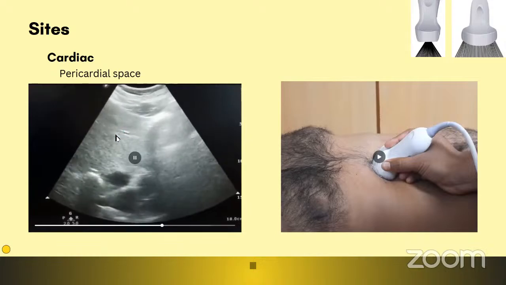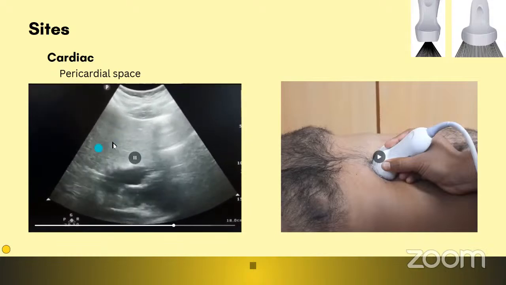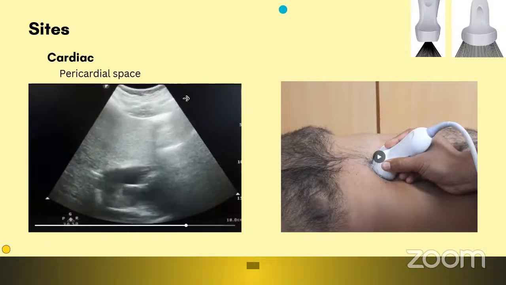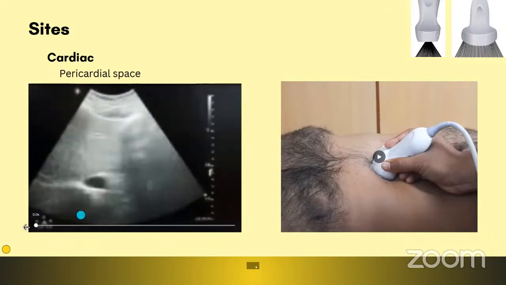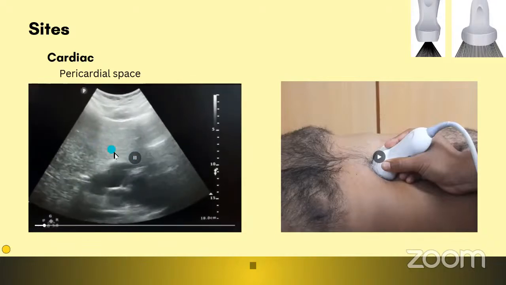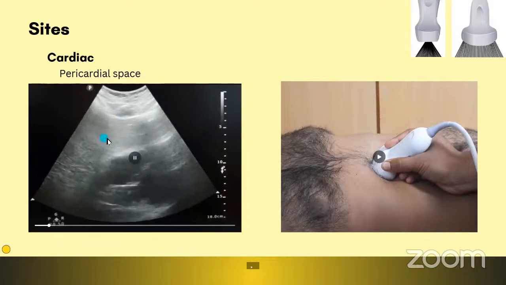In the chats, please. Take a guess, there's nothing wrong with it. So the structure which you saw here is the liver.